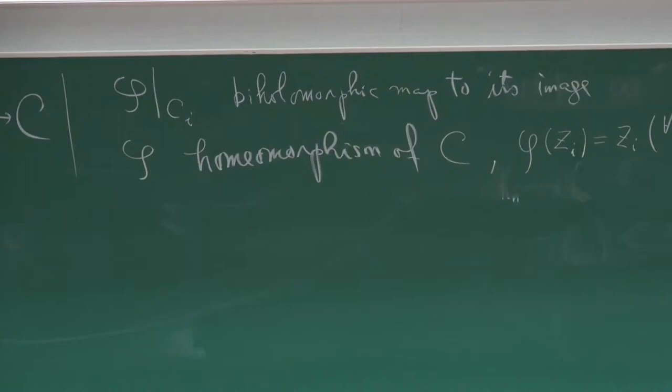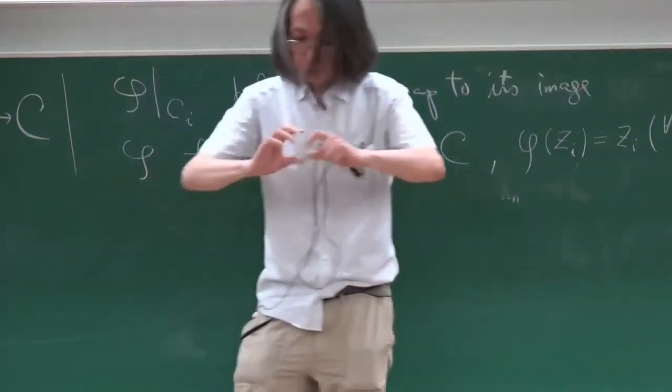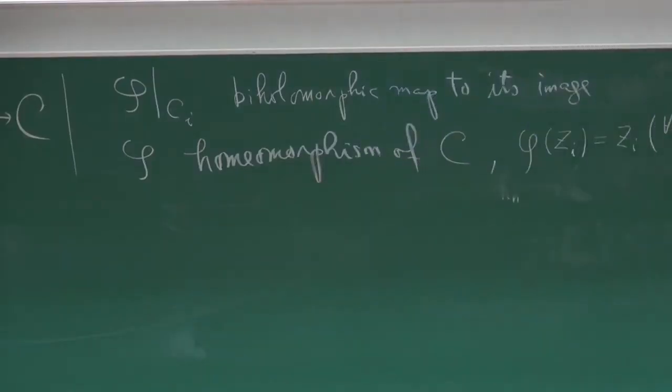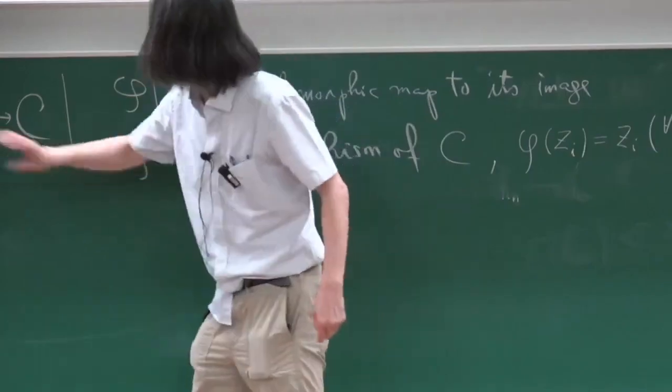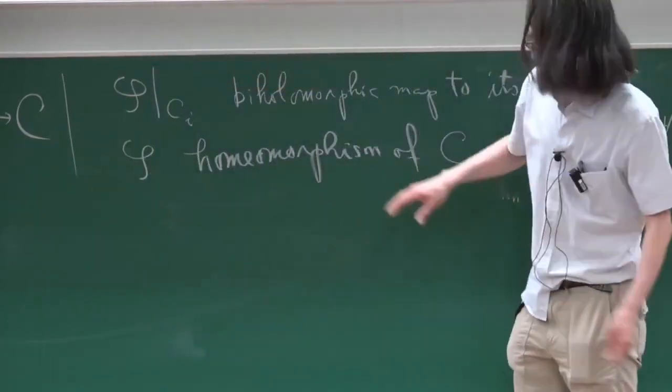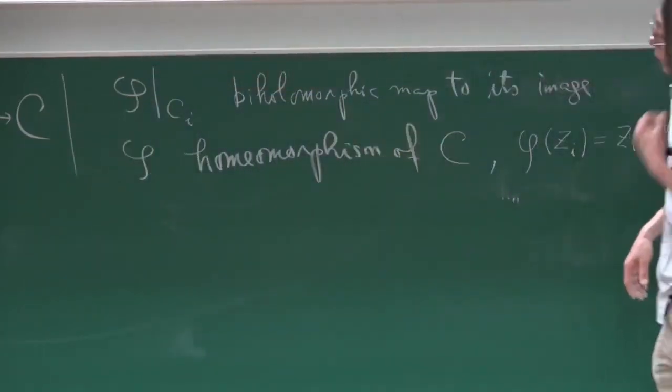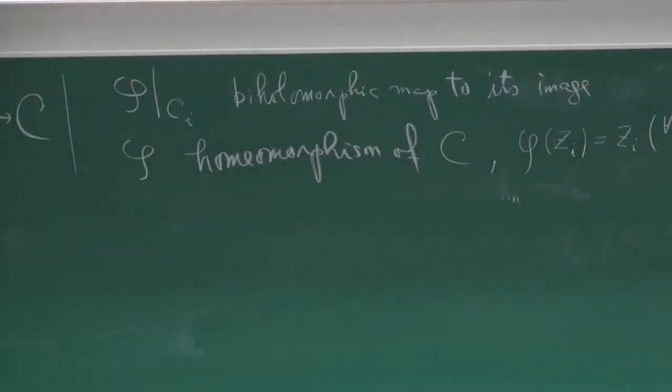So this is an automorphism. C is a union of Riemann surfaces, so each component has a complex structure, and then we can talk about biholomorphic maps. This says that Ci need not be mapped to Ci; maybe some components may be exchanged.